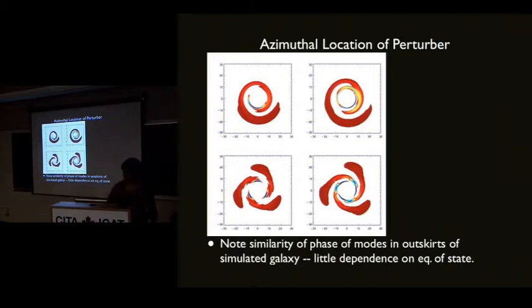But I'm a bit lost here. What are you showing? These are the best phase, so they look for the best phase of what? Sorry, this is M=1 and this is M=3.